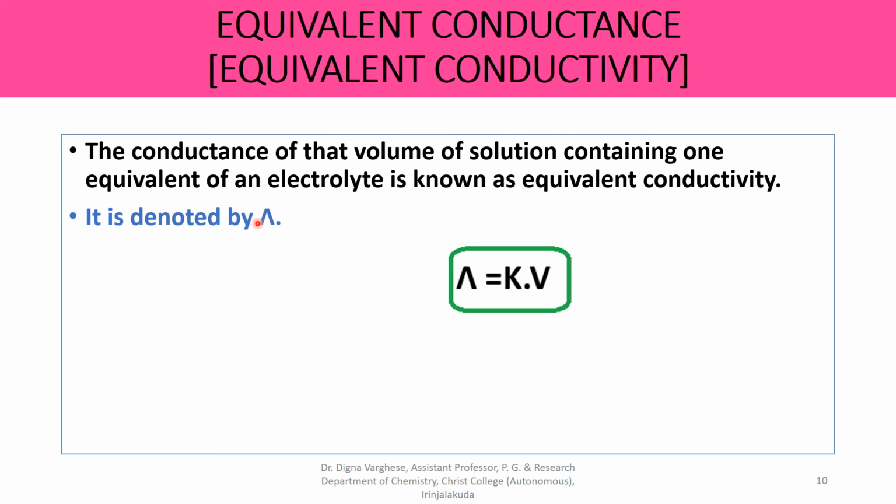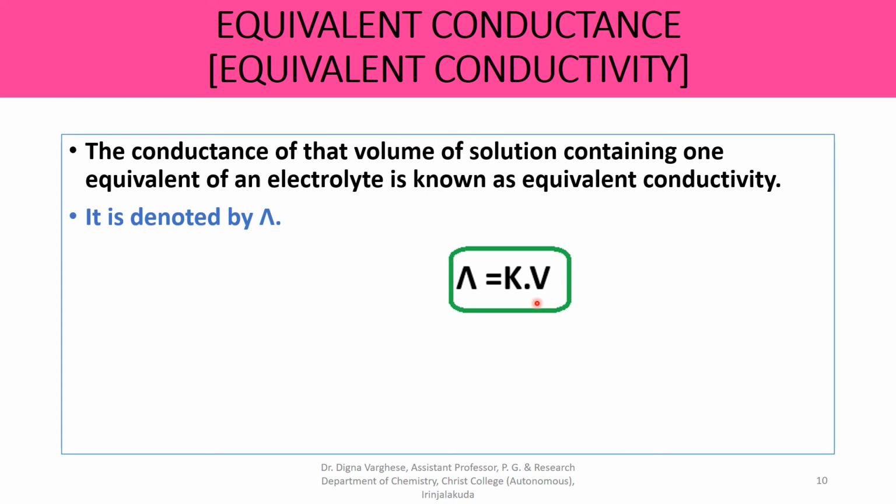If the volume of the solution containing 1 gram equivalent of the electrolyte is V centimeter cube, then lambda is equal to K into V, where K is the specific conductance of the solution and V is the volume of the solution containing 1 gram equivalent of the electrolyte.